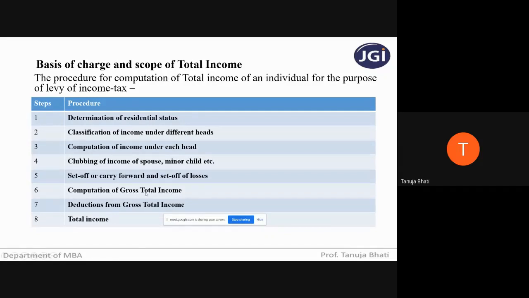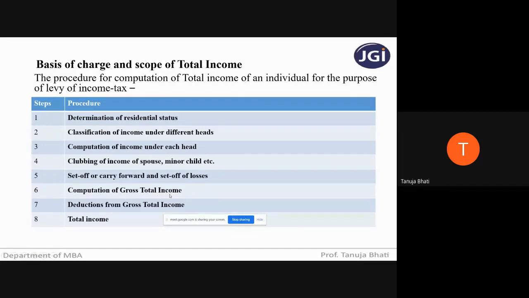So gross total income is the addition of income earned under the 5 heads of income, plus the income which is transferred to the spouse or minor children for evasion of taxes, after setting off all the losses. Whatever income is remaining is your gross total income.